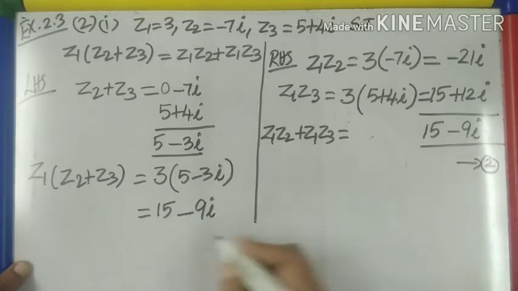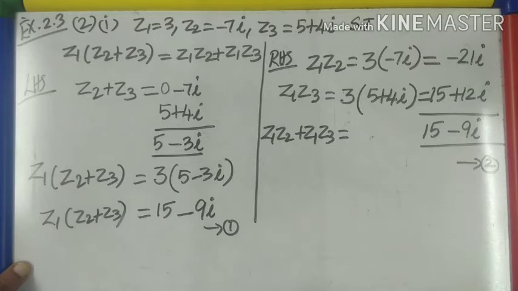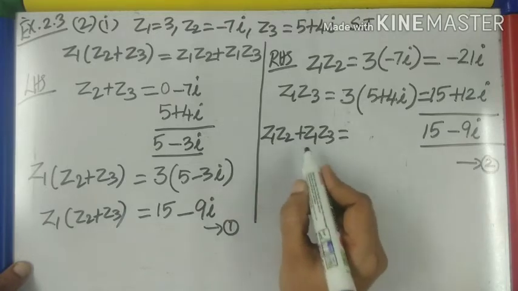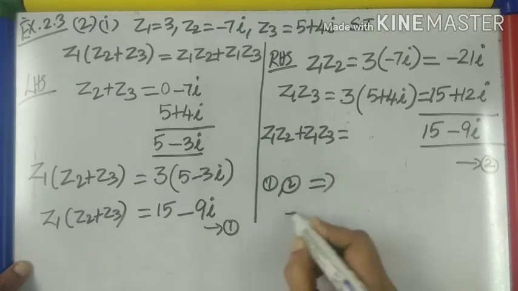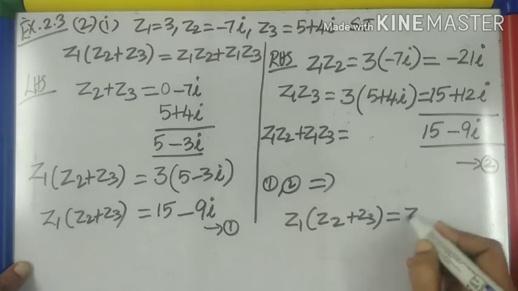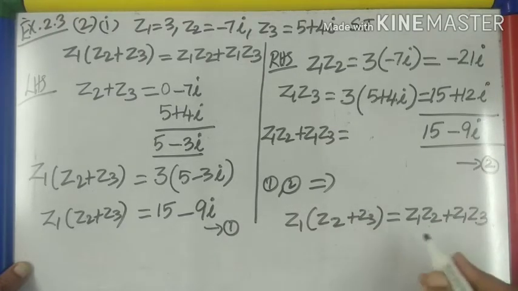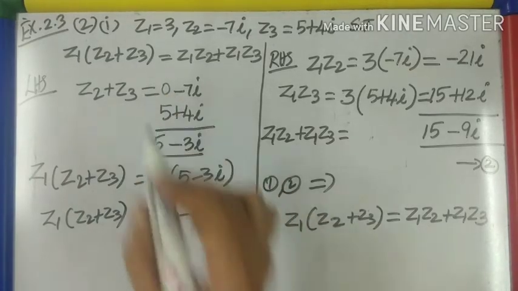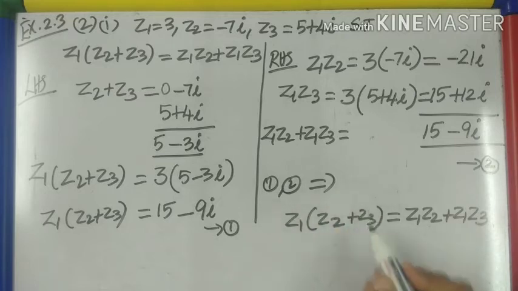Call this number 2 and this number 1. So this is Z1 into (Z2 plus Z3) and this is Z1 Z2 plus Z1 Z3. 1, 2 implies Z1 into (Z2 plus Z3) equals Z1 Z2 plus Z1 Z3, and that is the result to be shown. So we say multiplication is distributive over addition in complex numbers.